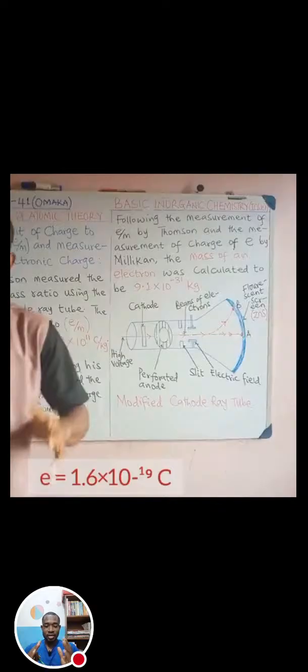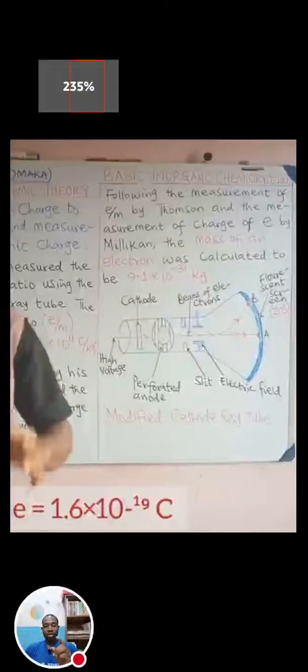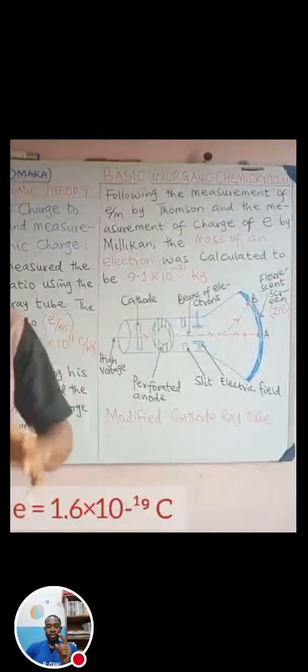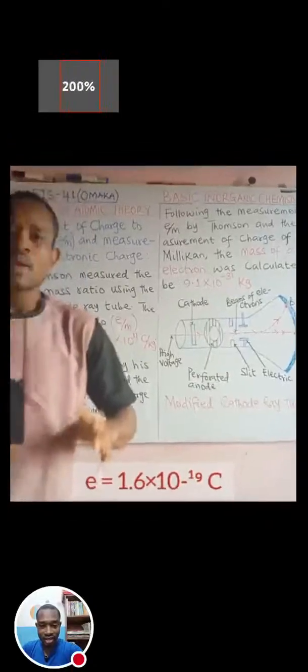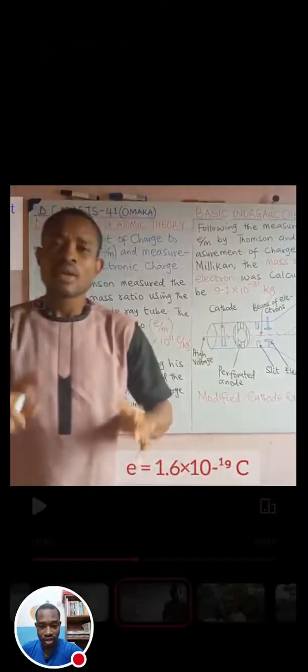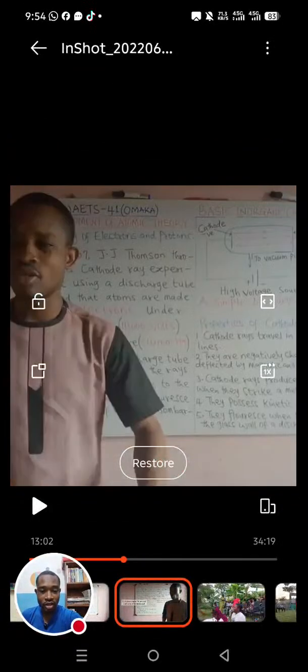The scientist that measured the charge to mass ratio of an electron, that is, the charge of an electron divided by the mass of an electron, the value of 1.76 times 10 to the power of 11 coulomb per kilogram, is J.J. Thomson.